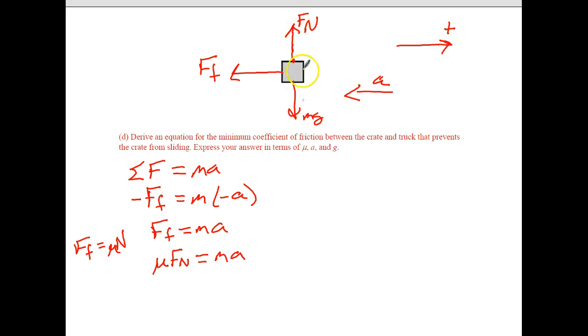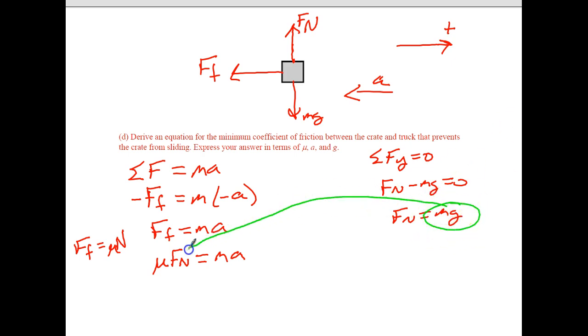And because going up and down, the sum of the forces in the y direction are equal to 0, we can say the normal force minus mg is equal to 0. So the normal force is equal to mg. So we're going to take this and plug it in over here in the normal force. So let's go back and do that.